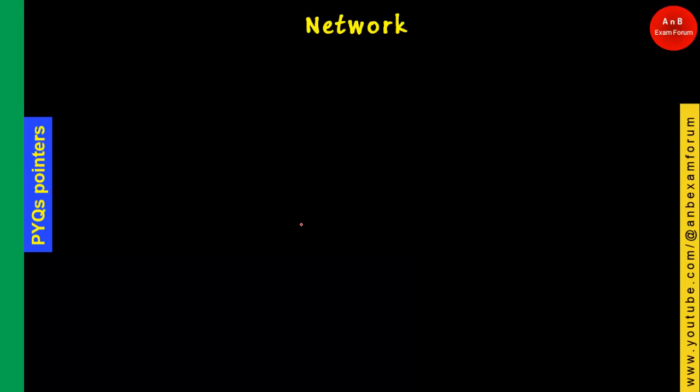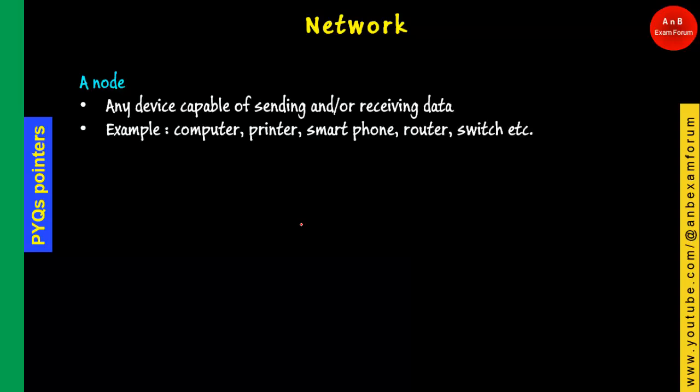So let's see the definition of a network. Before going to see the definition of network, let's see what exactly is a node in the computer network. Student, remember, a node is any device which is capable of sending and receiving the data. Okay, so device can be anything.